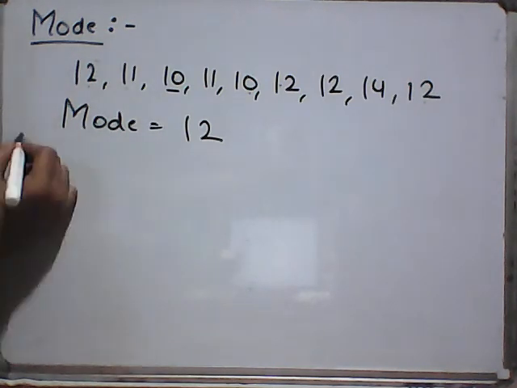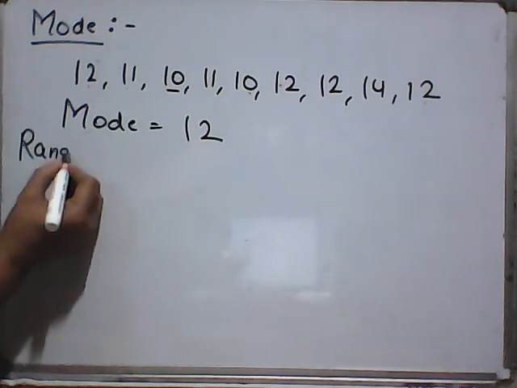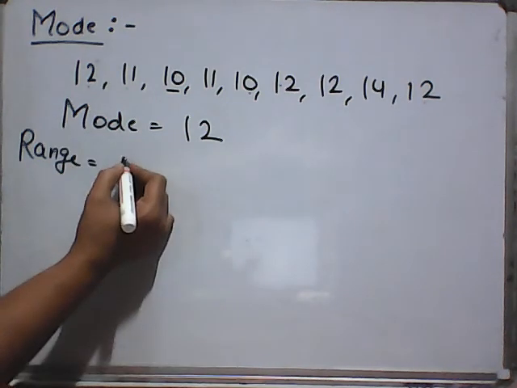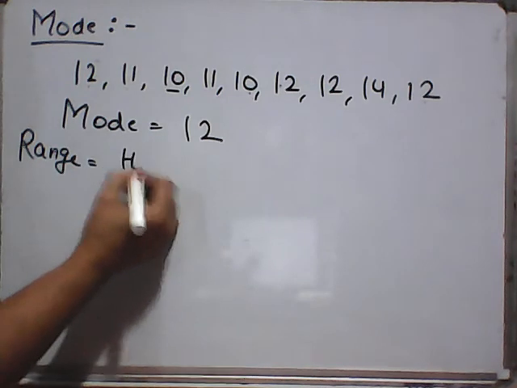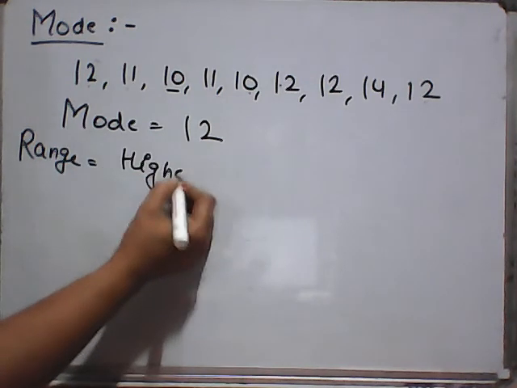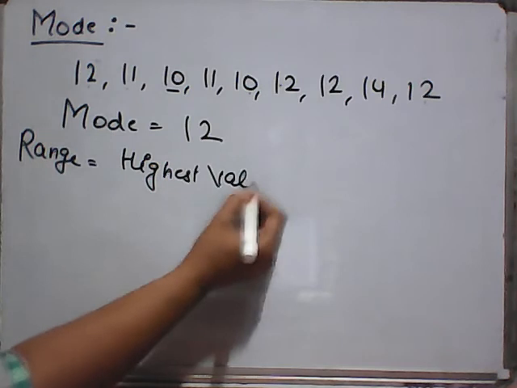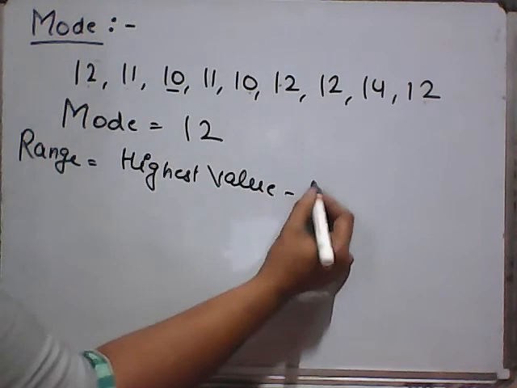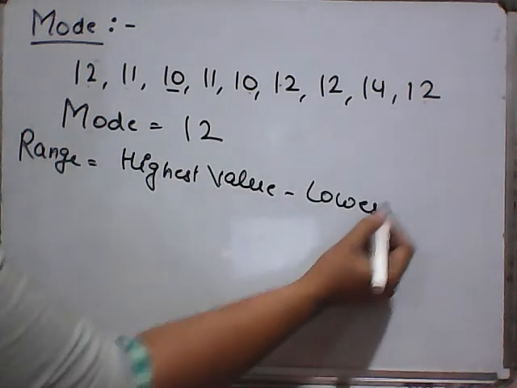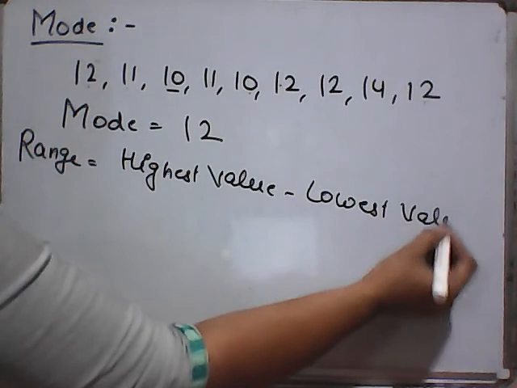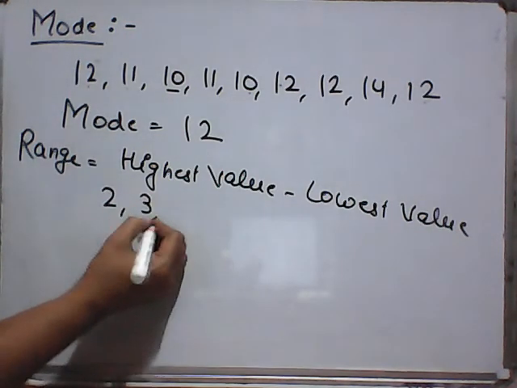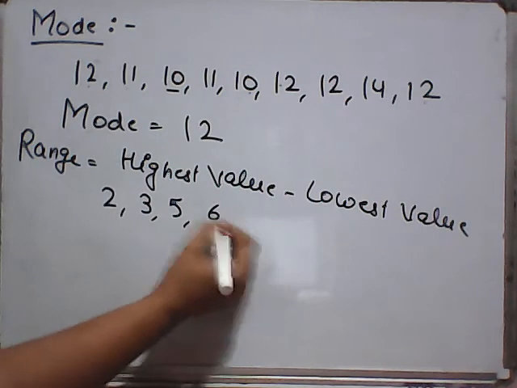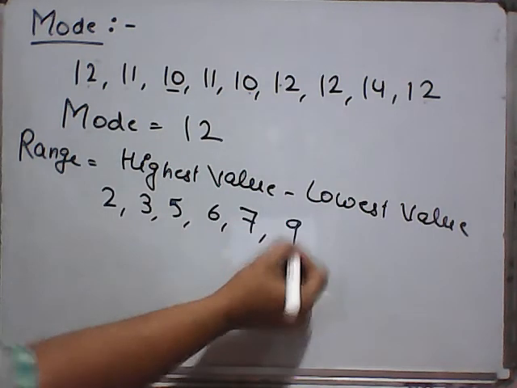Next one is range. Range means you have to find out the range by using the formula highest value minus lowest value. Suppose data is given to you: 2, 3, 5, 6, 7, 9.